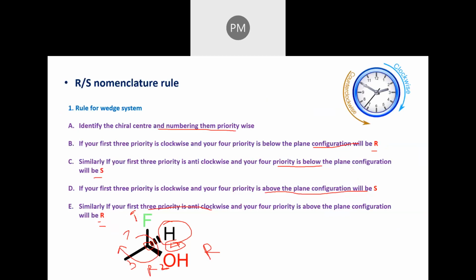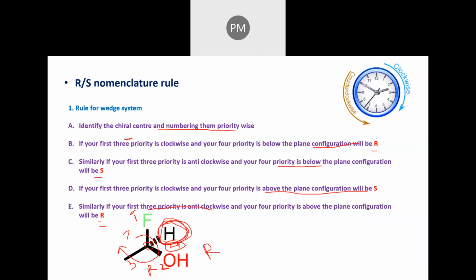Then we go to the RS nomenclature. First we have to find out whether the molecule is chiral or not, so we have to find the chiral center. A chiral center means four different substituents are attached to one center. We give priority numbers, and we find the position of the fourth priority.